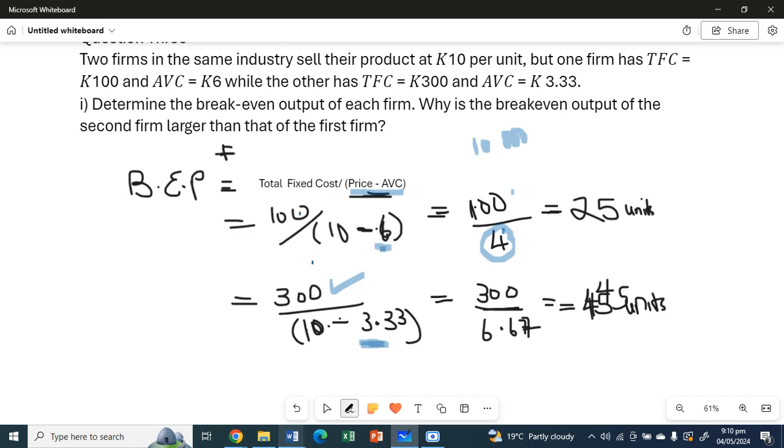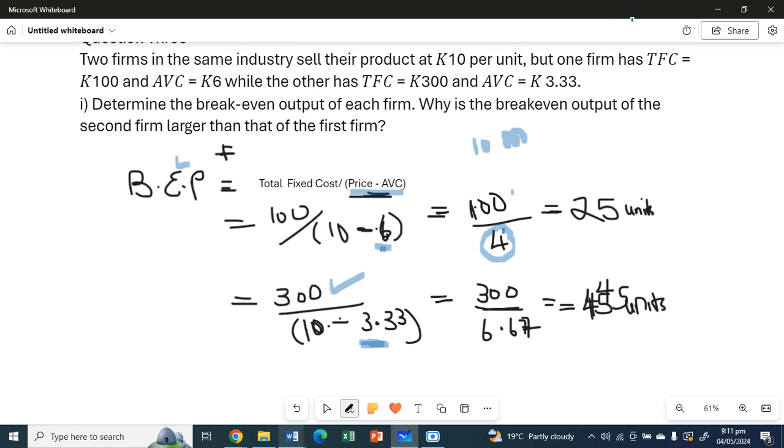So with a high fixed cost, you need to expect a higher break-even point, because there exists a relationship between the break-even point and the total fixed cost.